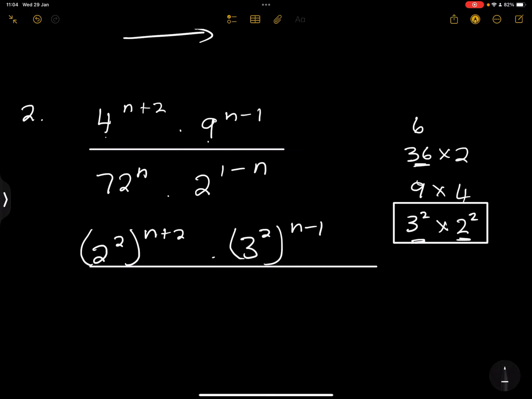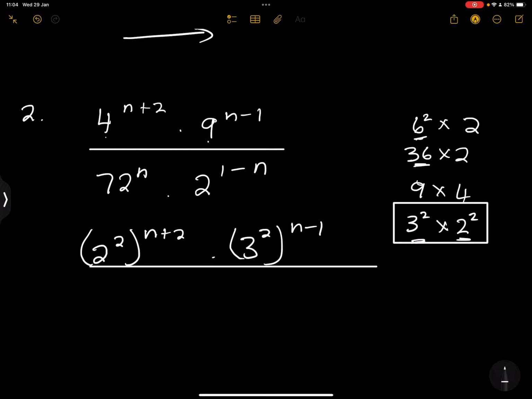This would have given me 6 squared multiplied by 2, but still, if I take 6, I can still break it down further into 3 times 2, okay, and that would give me 3 squared. So I did say 9 multiplied by 4.